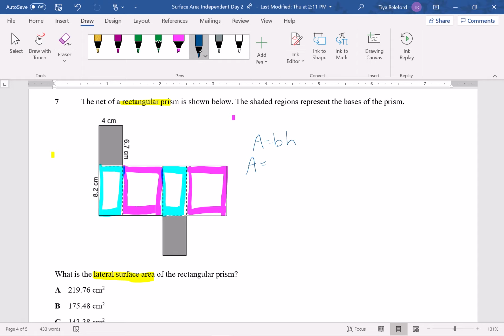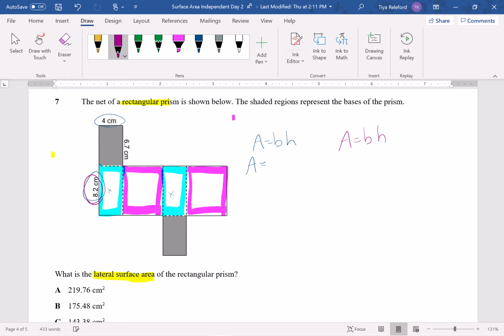For the base, you have 4, and for the height, you have 8.2. Now make sure that the answer for this gets put in both the blue rectangles. Then you're going to find area of the pink rectangles.